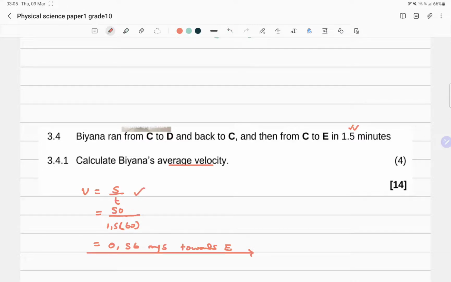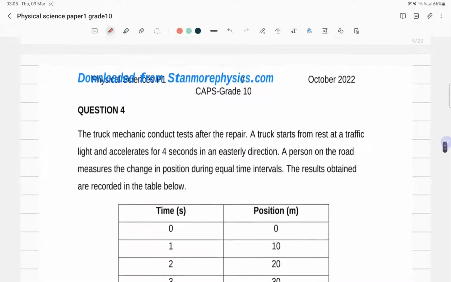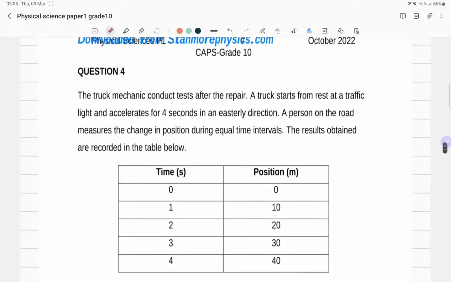So you get a mark for the formula, for the substitution, and for the magnitude, but also direction, because this is a vector quantity. So you will get caught if you do not include the direction. Anyway, let's keep moving, guys.